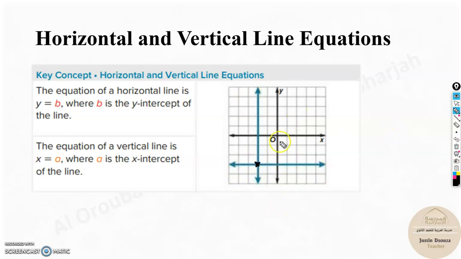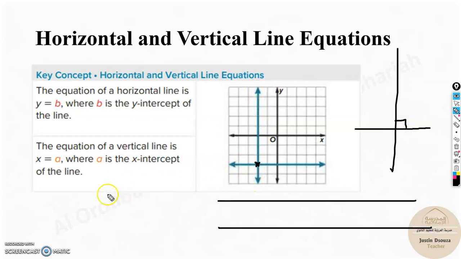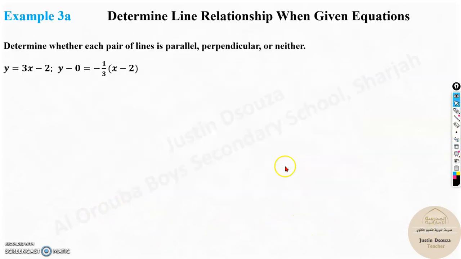So please remember that, because whenever it's a vertical and a horizontal line, it's perpendicular, whereas if it's two vertical or two horizontal, it is parallel. Now we will see some problems.